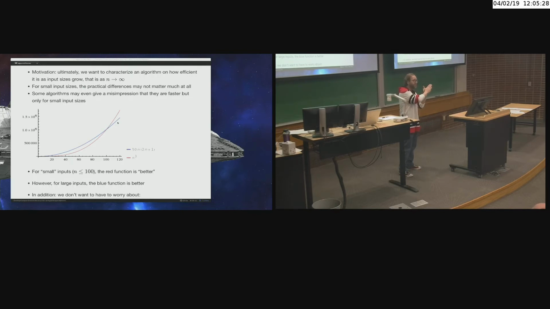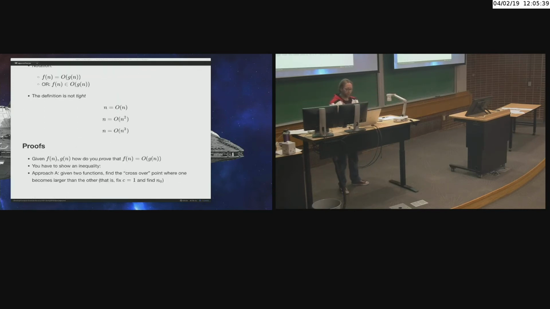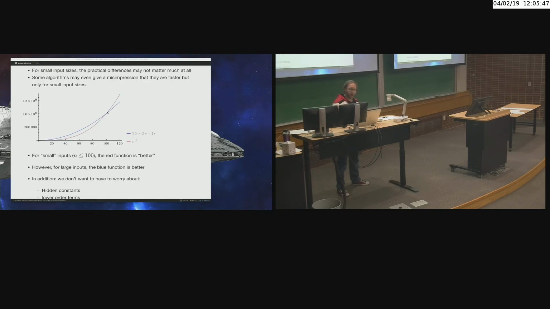That's one way of showing that this function is always greater than or equal to this function, and so you can show that it's big O. Mathematically, you fix C to be 1, and then you find that crossover point, that n naught, after which this function is always greater than this function.